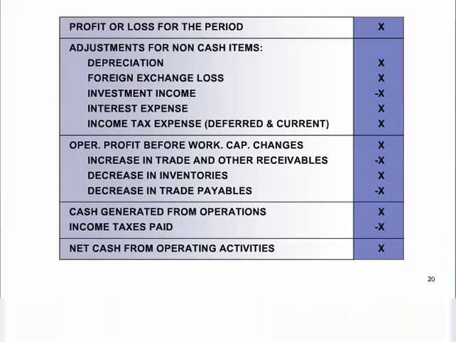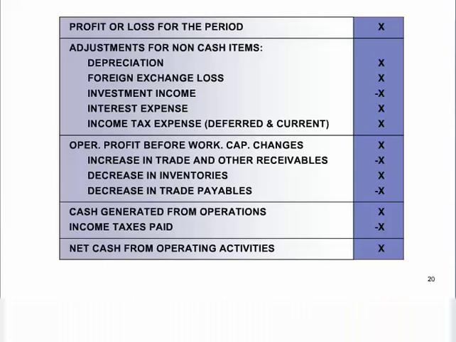Friends, let's see a pro forma of cash flow from operating activities by the indirect method. In this pro forma, you can see we start with profit or loss for the period, which is generally before taxes. Adjustment for non-cash items is done as we saw in the previous slide.